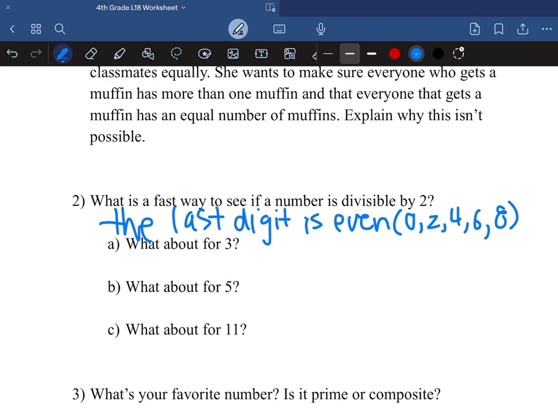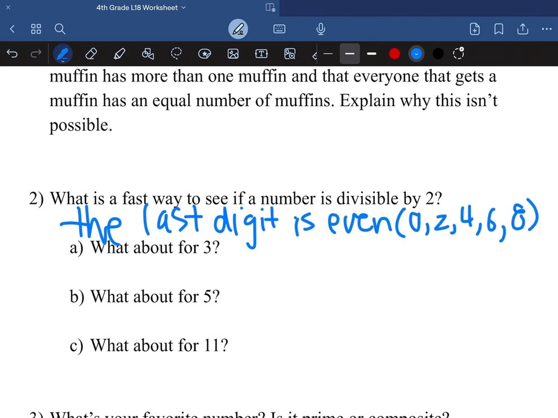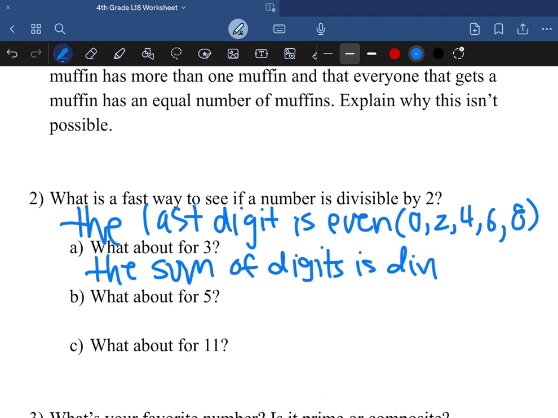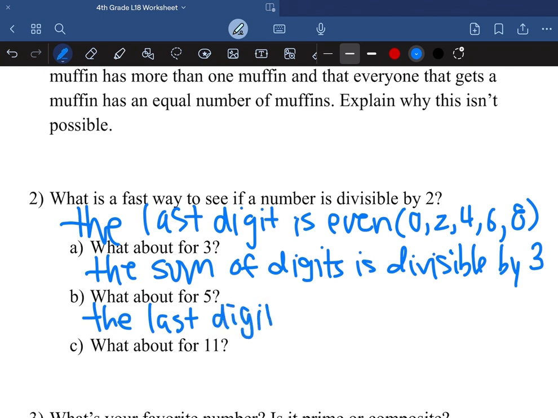What about for 3? We can tell that a number is divisible by 3 if the sum of digits is divisible by 3. What about for 5? The last digit is 0 or 5.